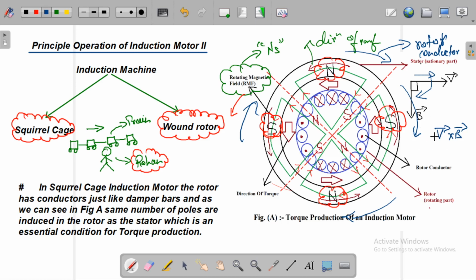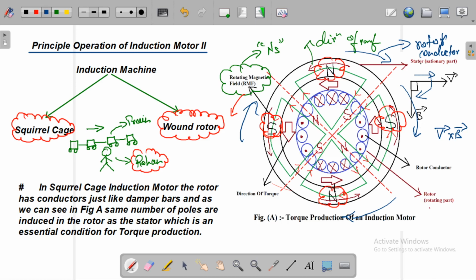With the help of this, we can easily identify whether the conductor is dot notation or cross notation. Okay, so the conductor under the north pole is a cross notation, and similarly in the opposite pole or south pole, the rotor conductor notation is dot.